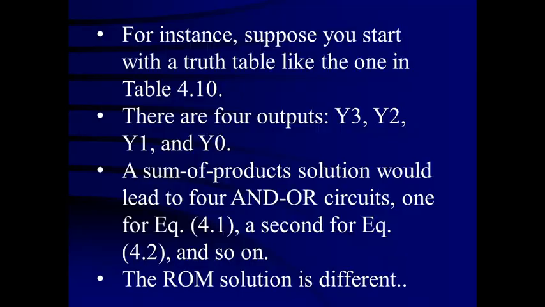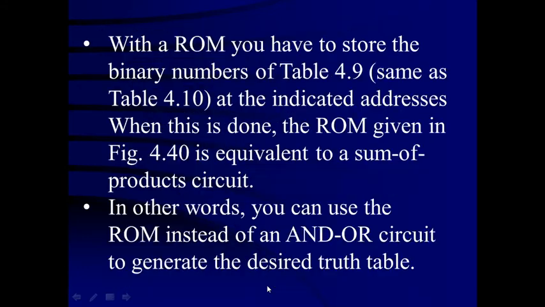using this diode ROM. For instance, suppose you start with the truth table like the one in table 4.10. There are 4 outputs Y3, Y2, Y1 and Y0. A sum of product solution would lead to 4 AND OR circuits, one for equation 4.1, second for equation 4.2 and so on. The ROM solution is going to be different.